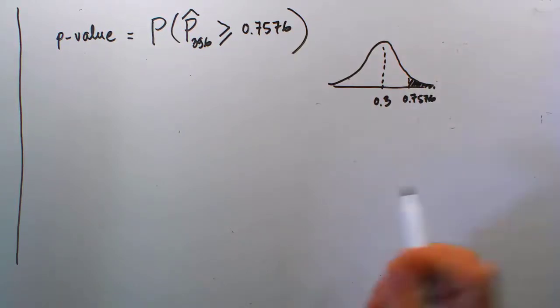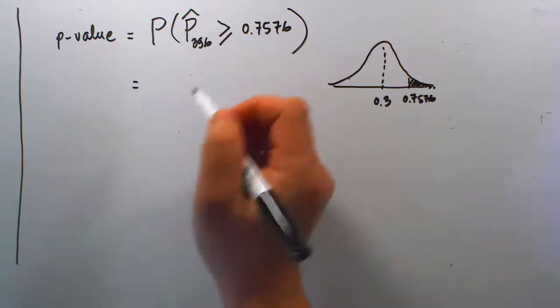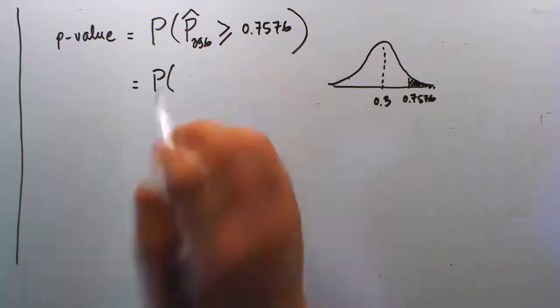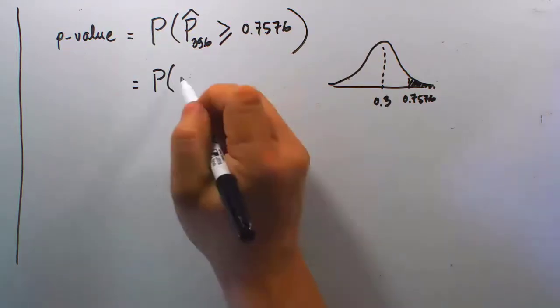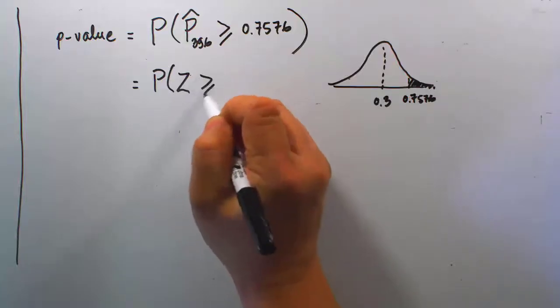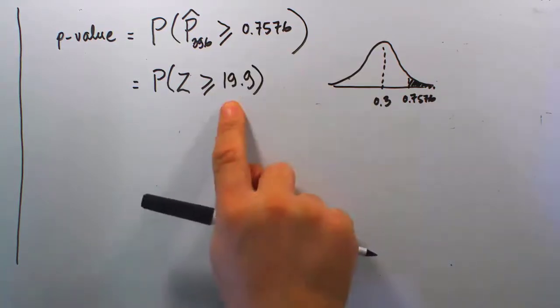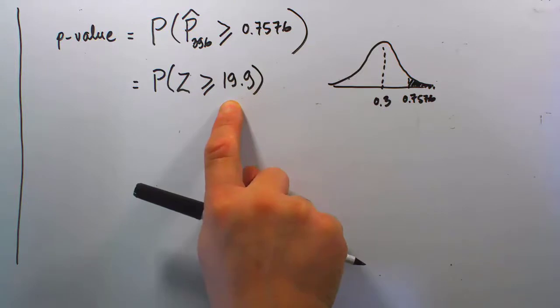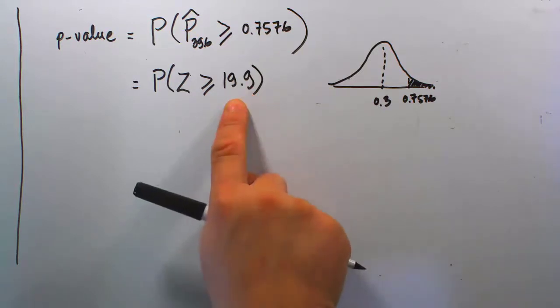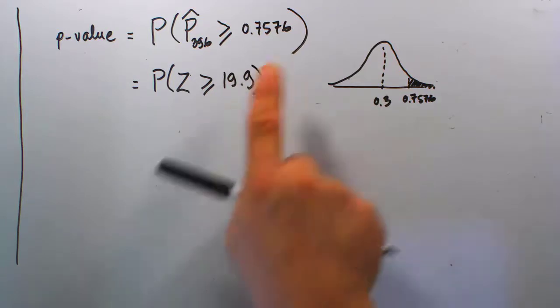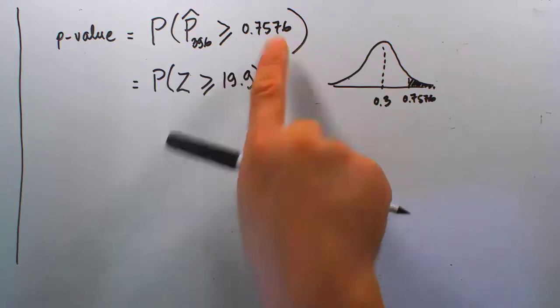And so the calculation for that is equal to the calculated value on the standard normal distribution where the z-score is greater than or equal to positive 19.9. And to remind yourself, 19.9 is the z-score we already calculated specifically for our sample proportion value.